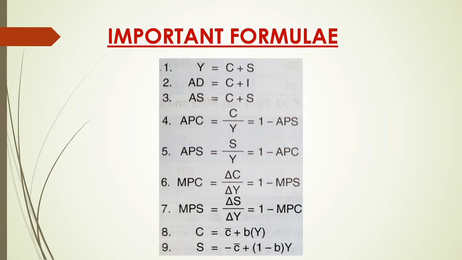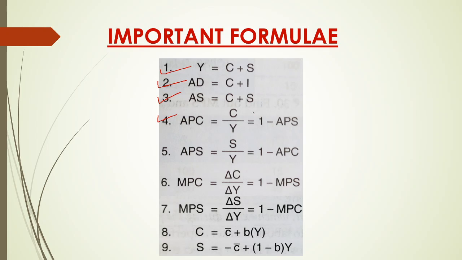Okay, numericals. Y equal to C plus S, that is, whatever income we have, we spend it either for consuming or for saving. AD equal to C plus I, that is, aggregate demand is equal to consumption expenditure plus investment expenditure. AS equal to C plus S, again aggregate supply is equal to consumption plus saving.